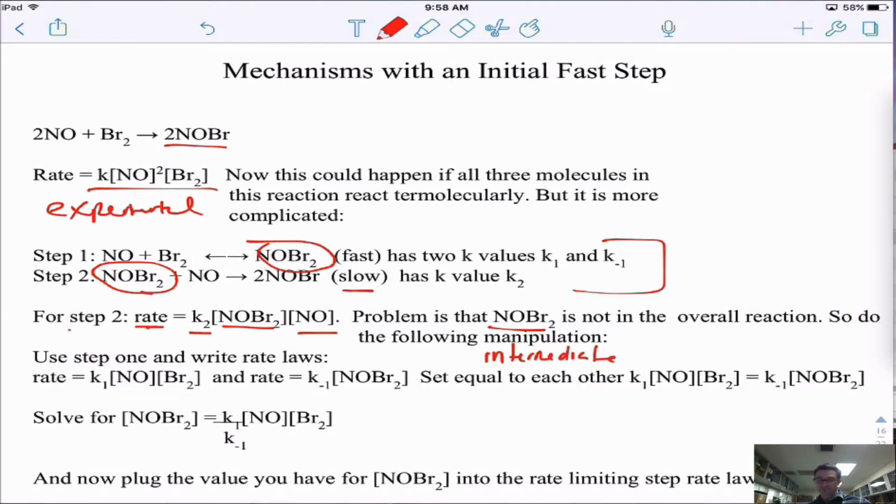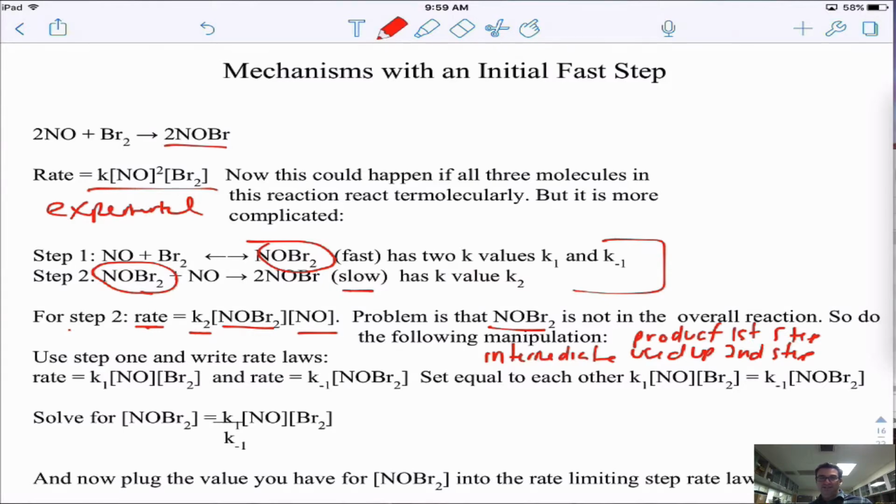That makes it an intermediate. So it's a product in the first, and then it's used up in the second, called an intermediate.